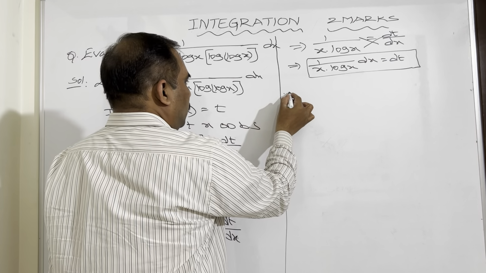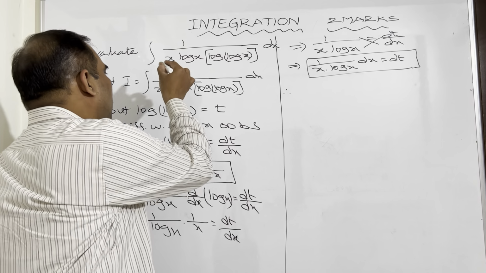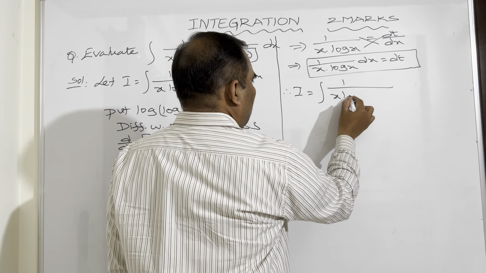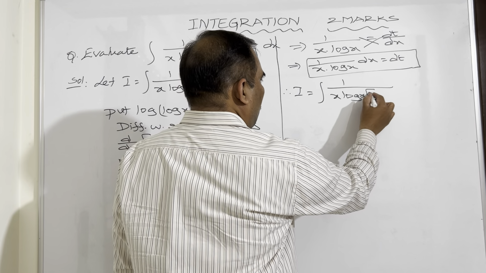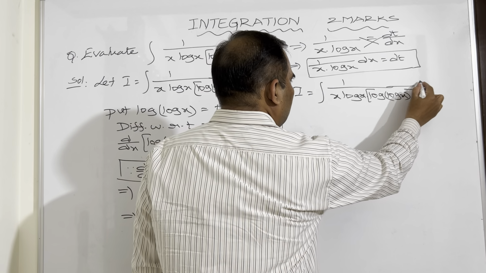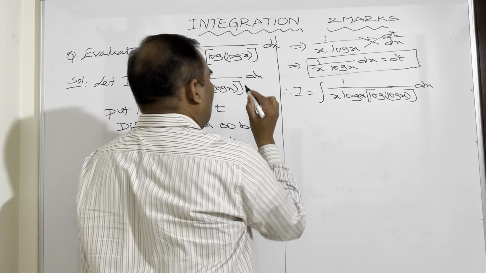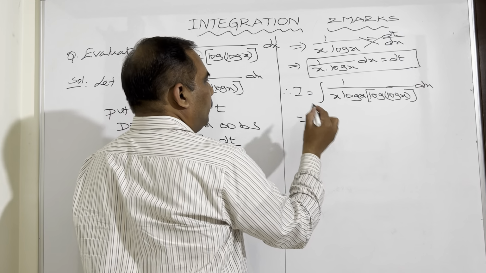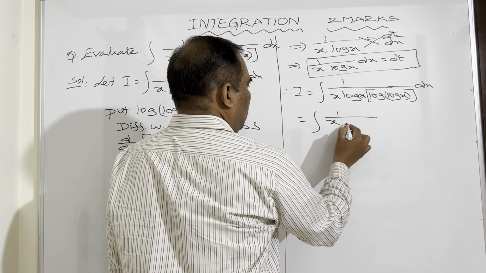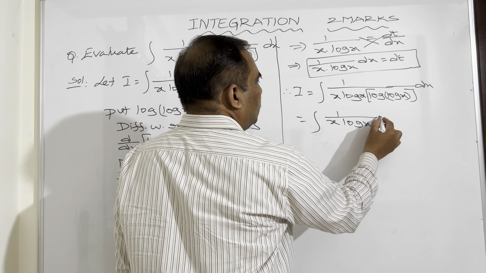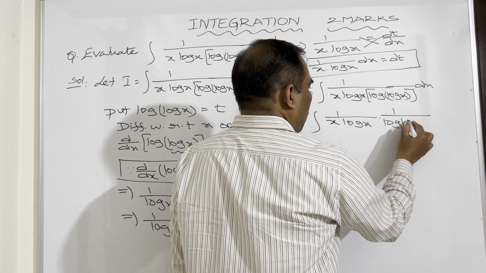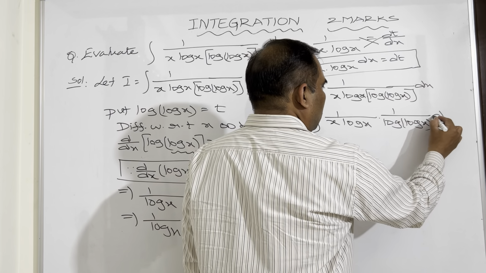Therefore, I is equal to the integral of 1 by x into log x into log of log x dx, which can also be written as the integral of 1 by log of log x into 1 by x into log x dx.